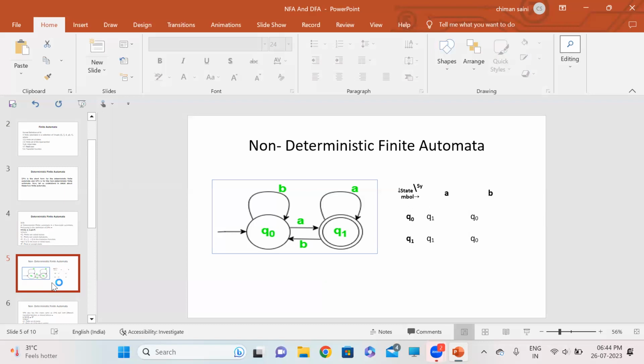And if after applying an input symbol we move to more than one state, then it is non-deterministic.